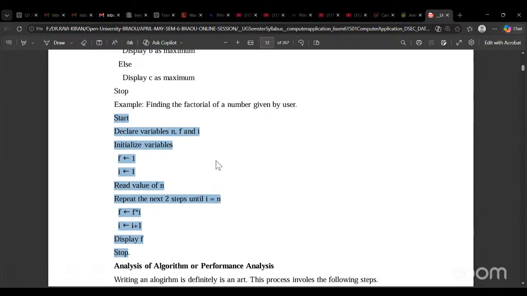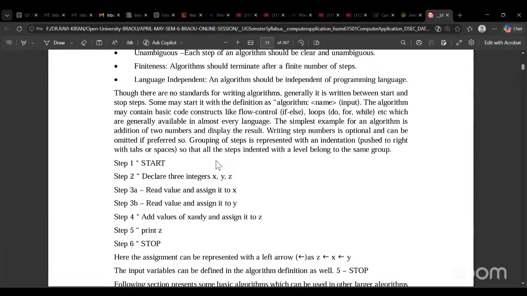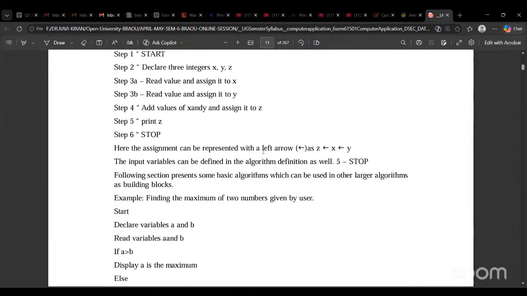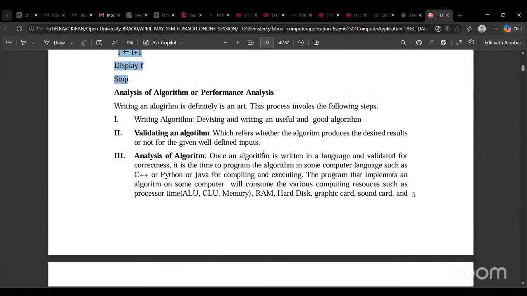Now, these are the multiple examples. So you take one example and start writing the algorithmic approach like this. Then you will understand how to write algorithms. Now, analysis of algorithms or performance analysis.